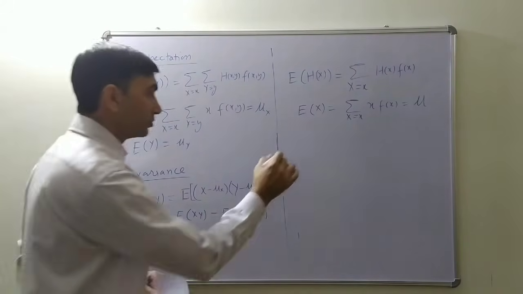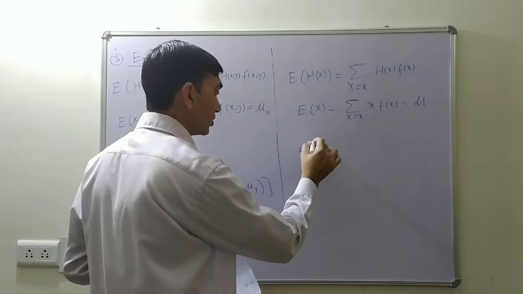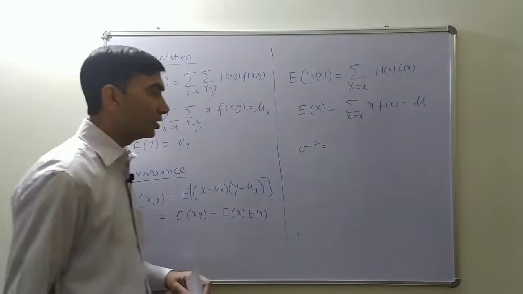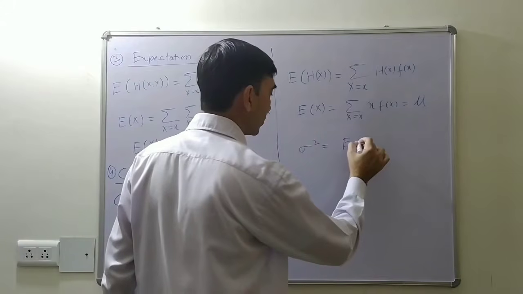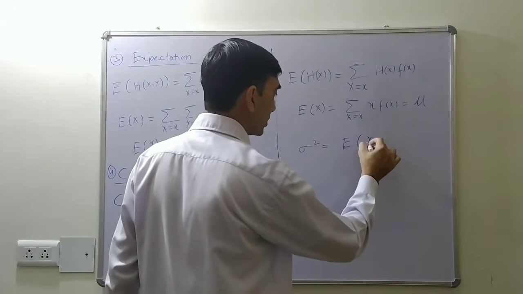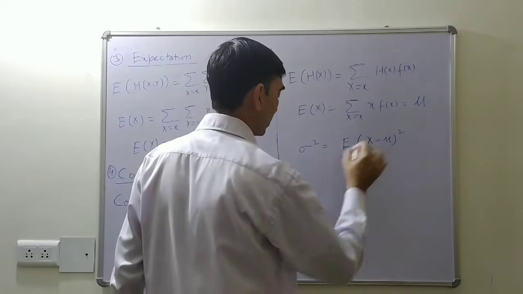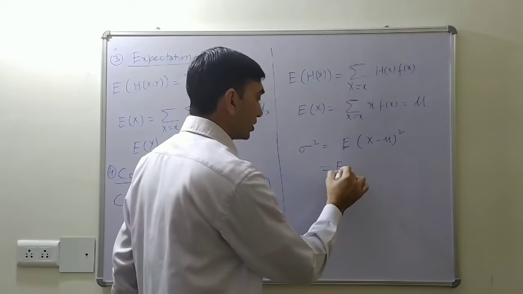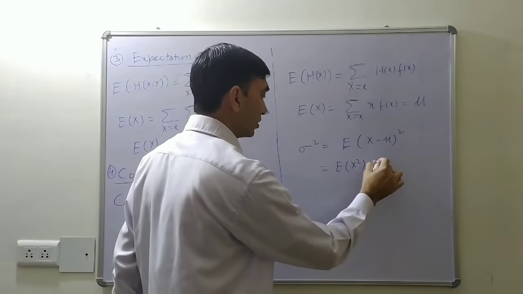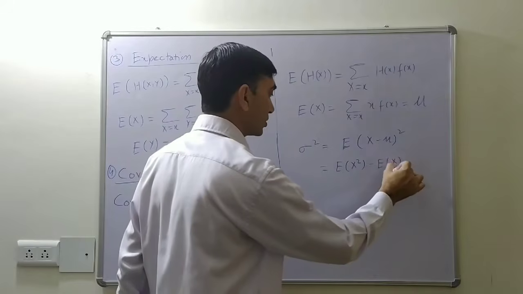Recall that variance in case of single random variable is defined as expectation of (x minus mu) whole square. In simplified form, it reads as E(x square) minus (E(x)) whole square.